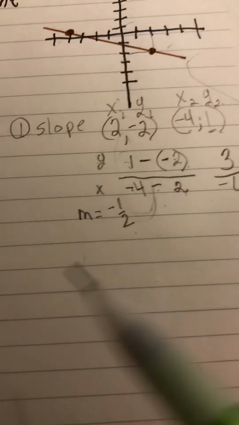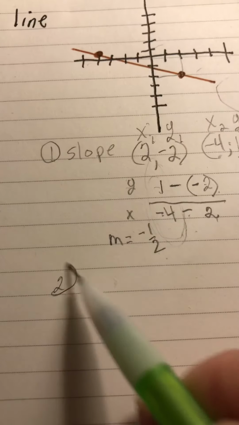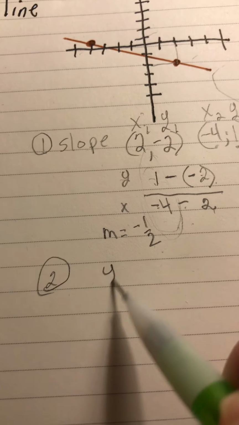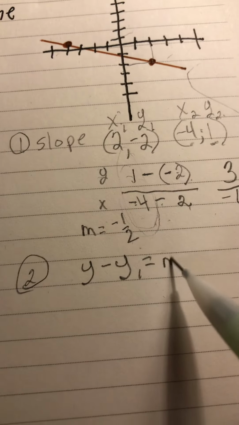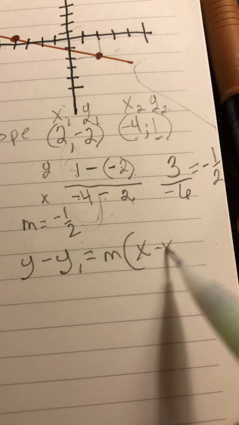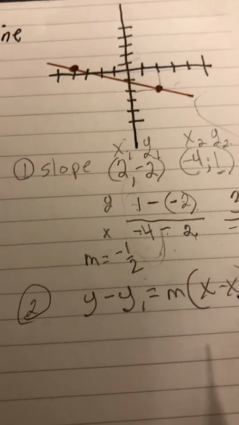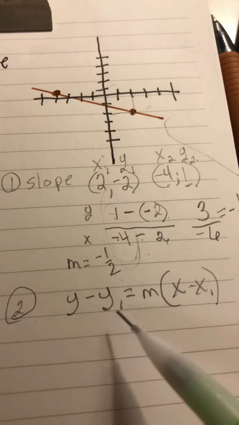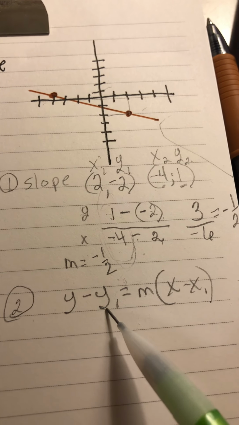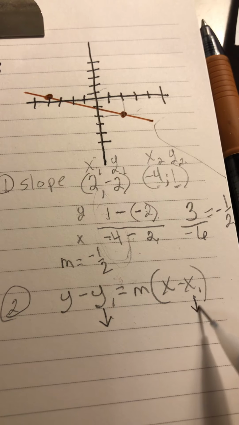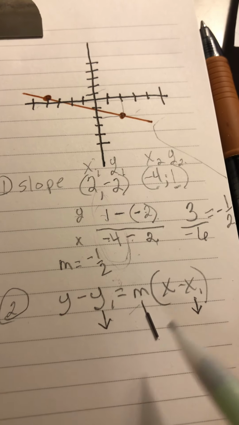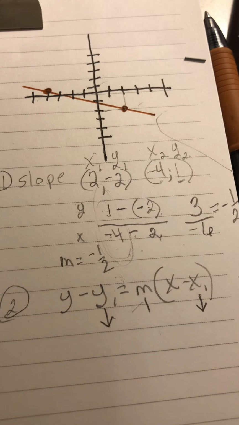So step 2, we're supposed to plug that into that slope point equation that says y minus y1 equals the slope times x minus x1. So we're going to replace the y1, we're going to replace the x1, and we're going to replace the slope with numbers that we now know.